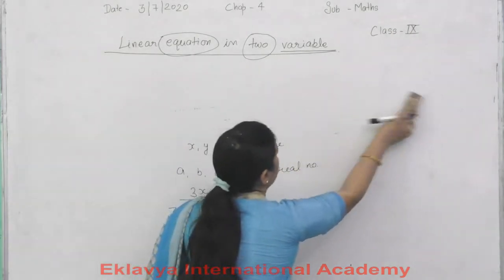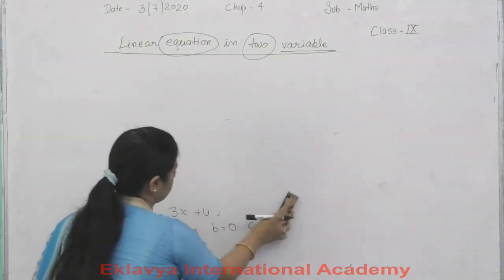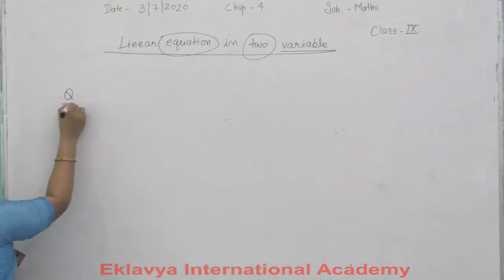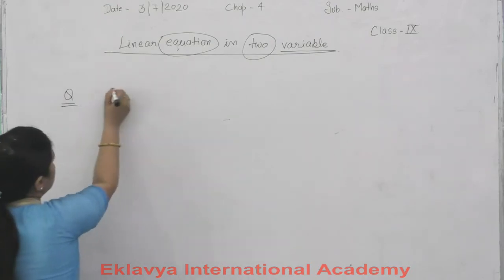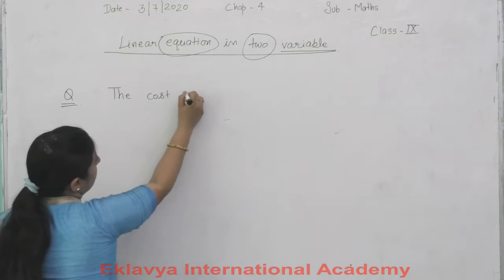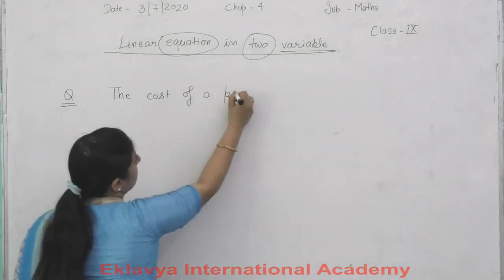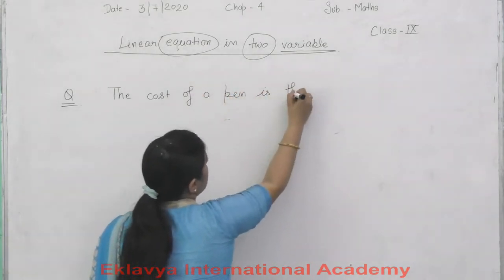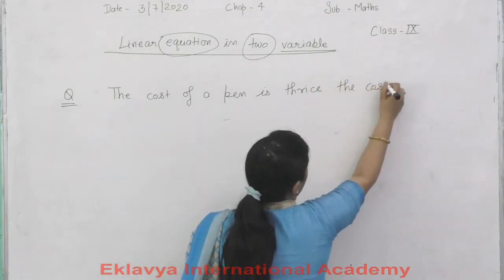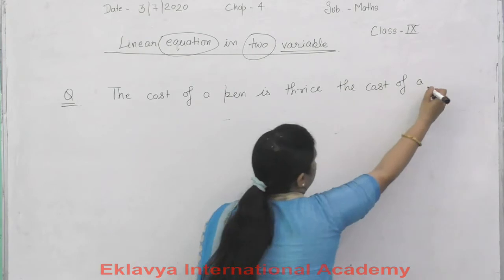Now see another type of question. In your book, take this example: the cost of a pen is thrice the cost of a pencil.